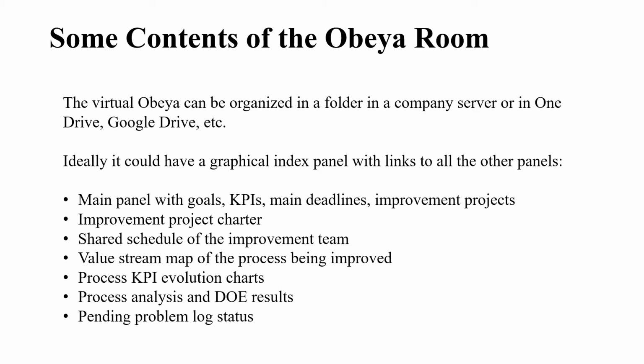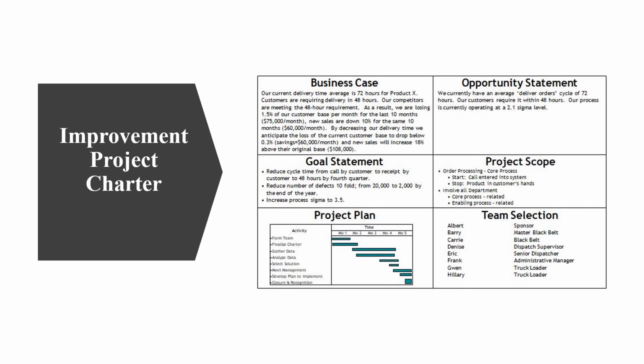Value stream map of the process being improved. Process KPI evolution charts. Process analysis and DOE results. Pending problem log status. This is prepared to start an improvement project and kept up to date in real time.